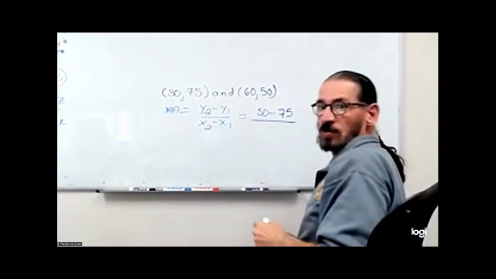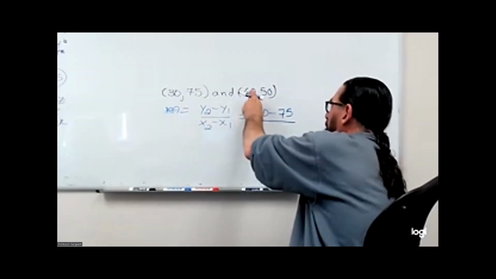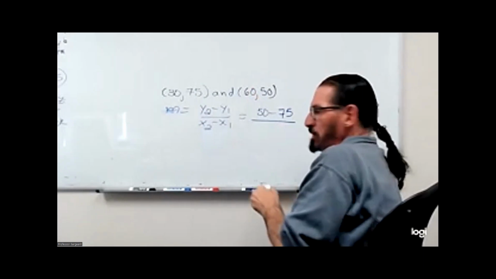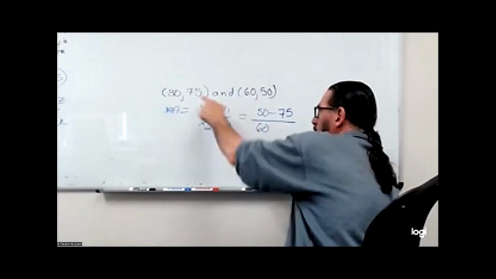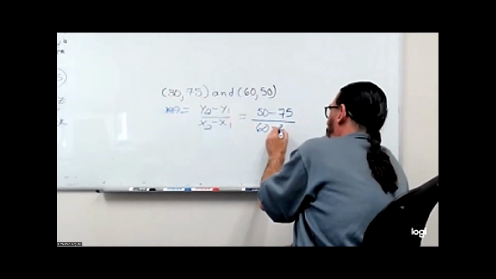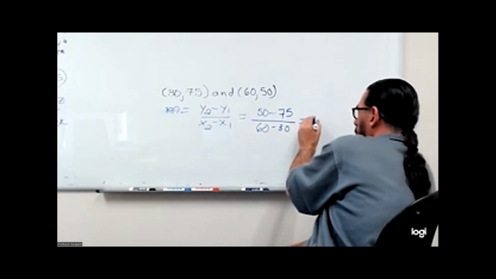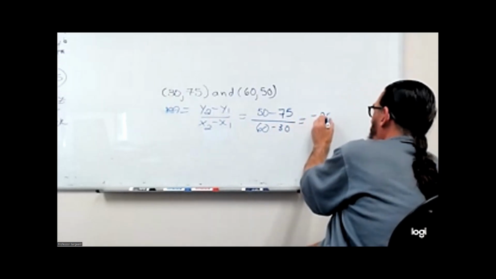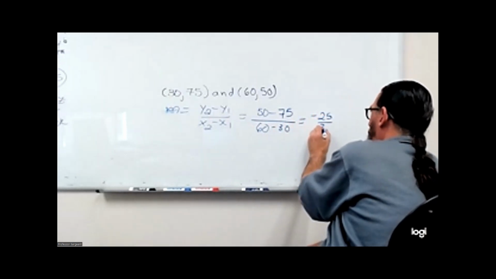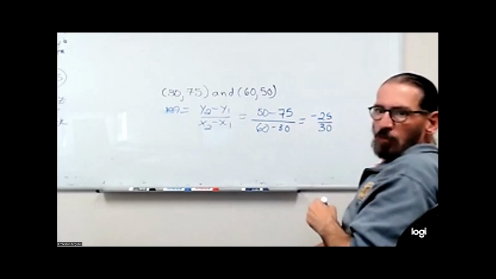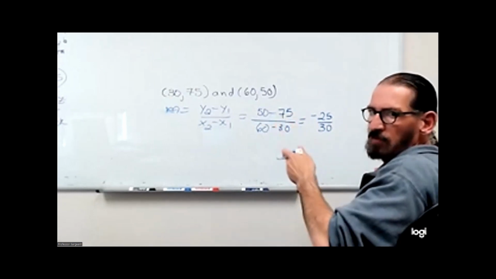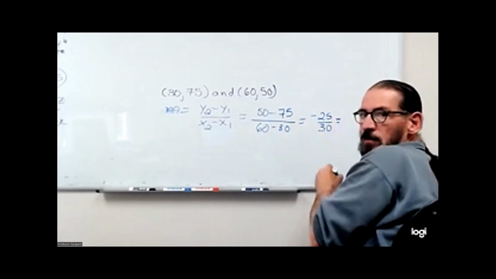And since I started with 50, then the x-coordinate I have to start with is 60. Subtract from that the other x-coordinate, 30. So that's going to be negative 25 over 30, which we can divide by 5, top and bottom, to get negative 5/6.